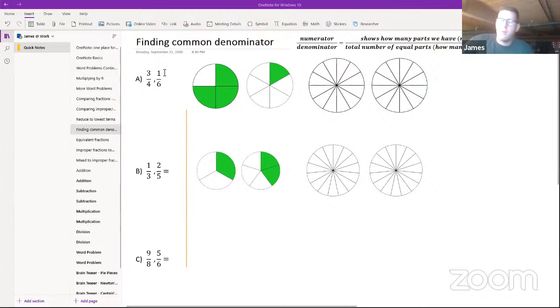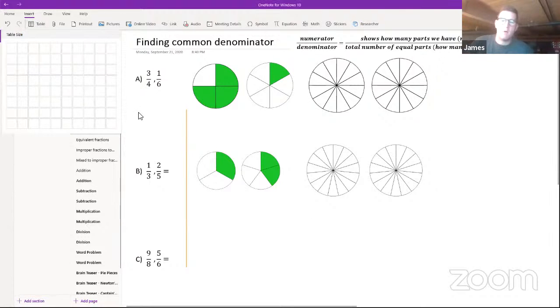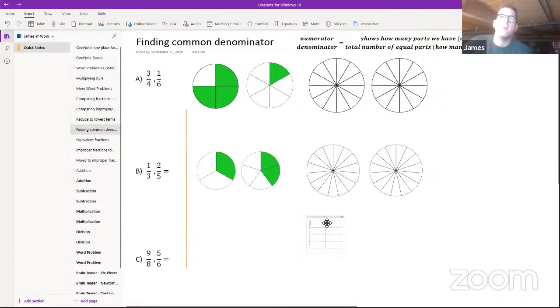So the multiples of 4 and the multiples of 6, because we have to find a number that both of those numbers can be multiplied into. So we want to multiply 4 by something, and we want to multiply 6 by something, and then end up with the same number.